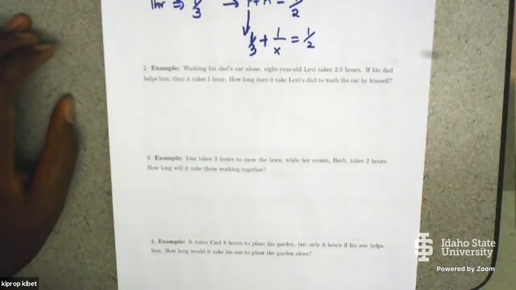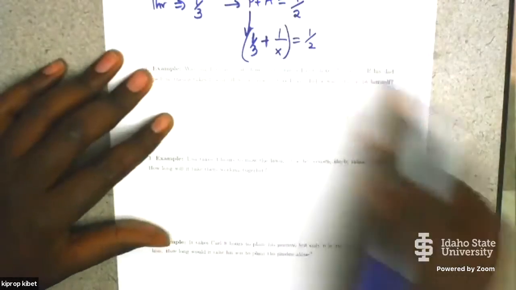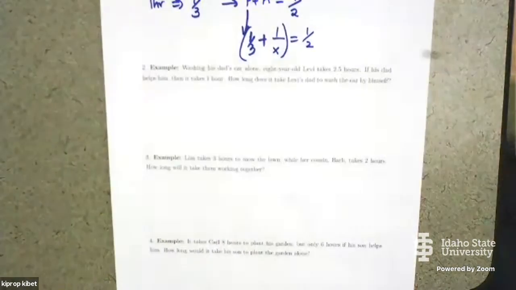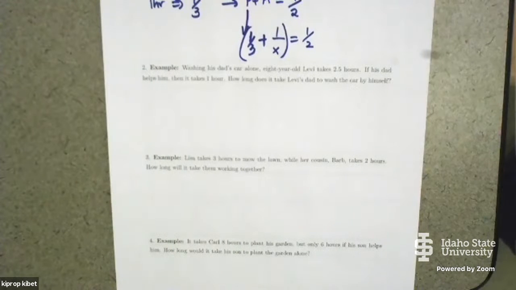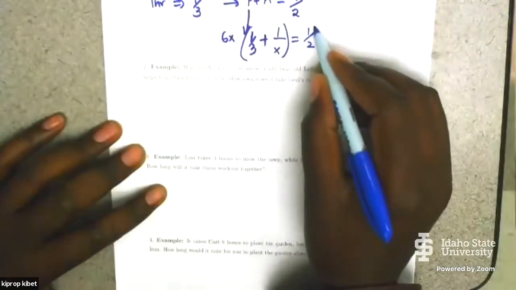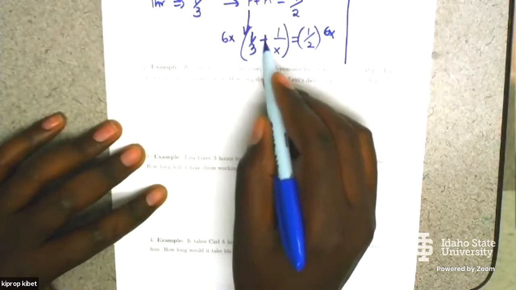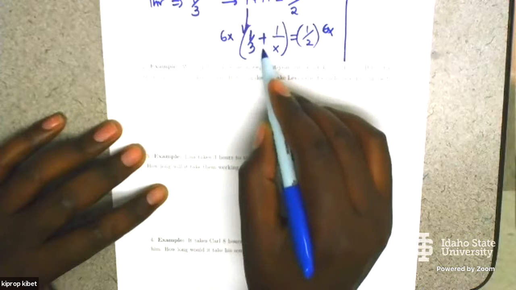Using the methods that we've used, what is the LCM of the three of them? What can cancel the three of them? 6x. So we multiply each one of them by 6x.